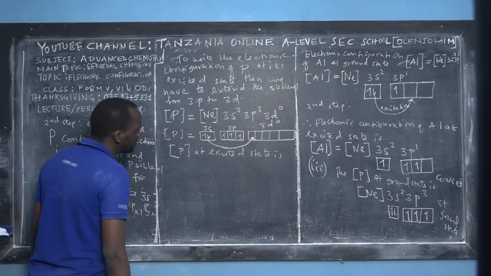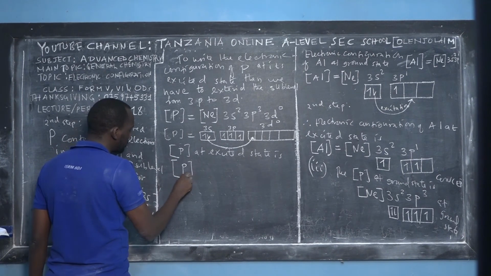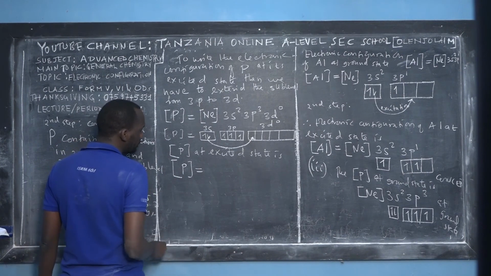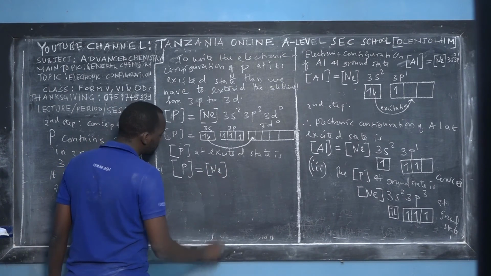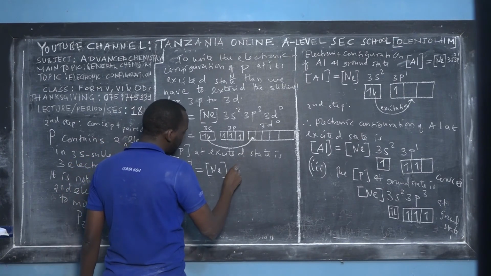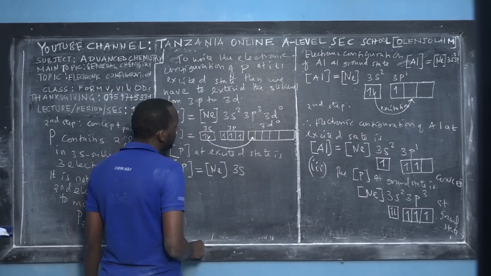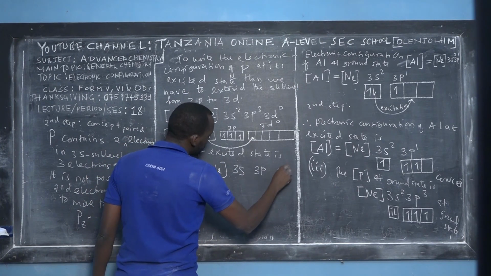So the excited state is given as the electron configuration of phosphorus is equal to the electron configuration of neon, then you have 3s, then 3p, and then 3d.